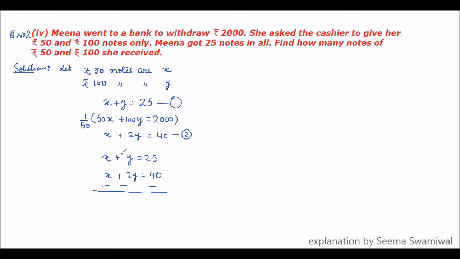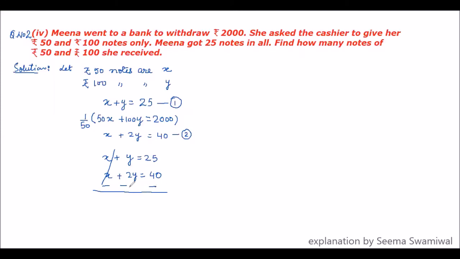So children, you will eliminate x. In subtraction, whatever is the sign in the second equation with each and every term will be reversed. This positive x will be reversed to minus x. This positive 2y will be reversed to minus 2y. This 40 is plus, so it will be reversed and become minus 40.